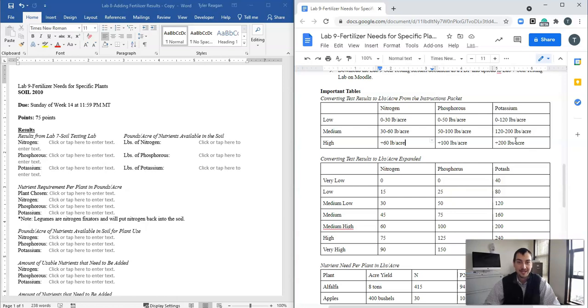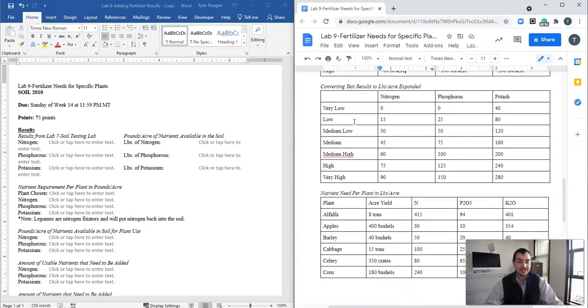But when we did our tests, our results were in terms of very low, low, medium, high, and very high. So what I did was take this table of what was given in your instructions packet, and expand it to encompass all of those different possible results of nitrogen, phosphorus, and potash.